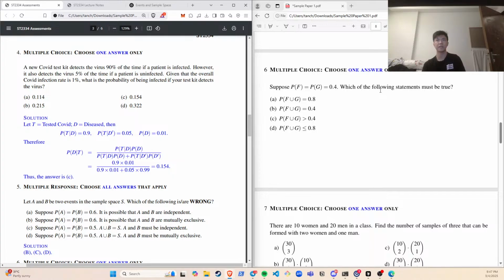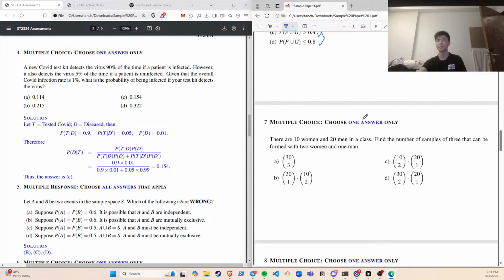Okay, if I union the two events, yeah, I think D must be true. This is also true. Wait, no, this could be false, right? This could be false, so it's false. So D must be true. Oh, should select one answer.